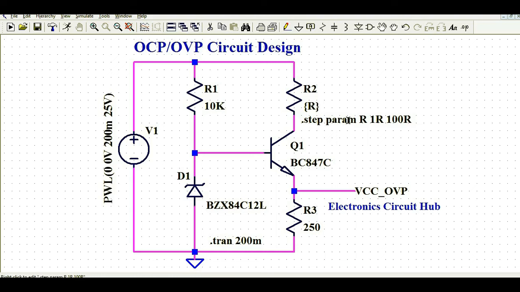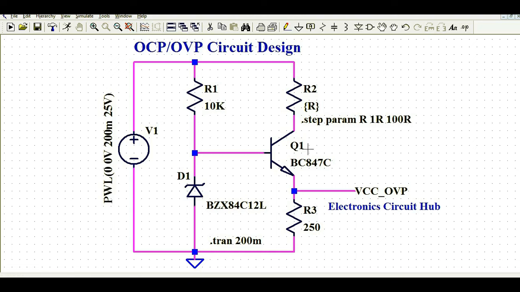So I am writing the syntax .step param, and this R stands for this R, because I am feeding the resistance value using this stepping parameter. And now I'm changing my resistance value from 1 ohm to 100 ohm, and we'll see if there is any change in the current when your load resistance is 1 ohm and when it is 100 ohm.